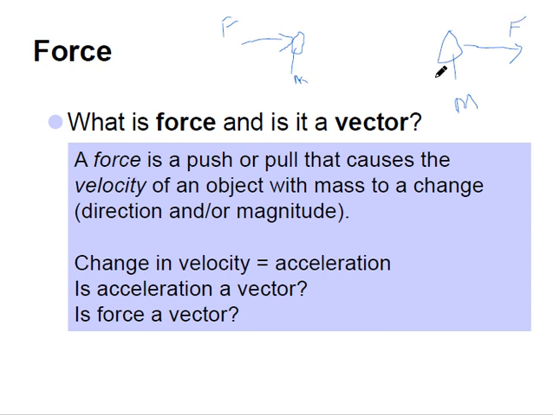Every object has mass. So every time you push or pull, it's going to generate acceleration because of the position change. When the position changes, you have the velocity, and everything is happening from one point of time to another in that interval. So therefore, you've got acceleration.